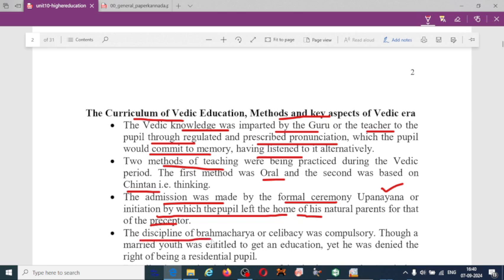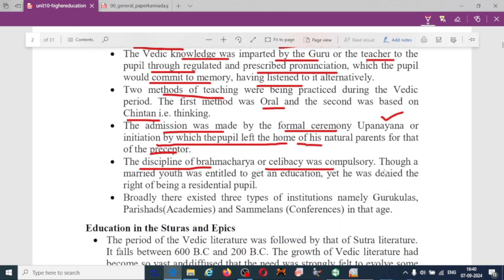The discipline of brahmacharya or celibacy was compulsory. Until their education was complete, they must strictly follow brahmacharya. Though a married youth was entitled to get an education, he was denied the right of being a residential pupil.